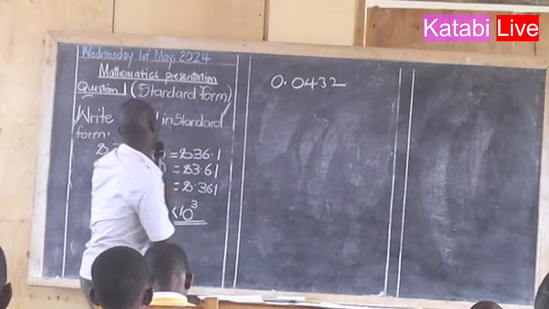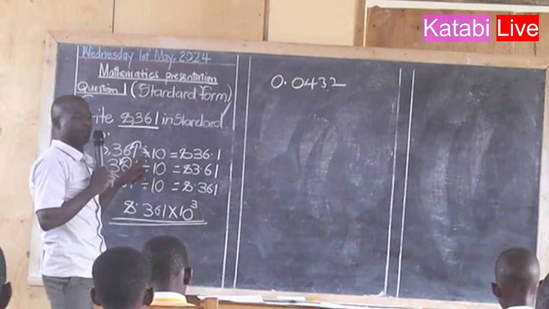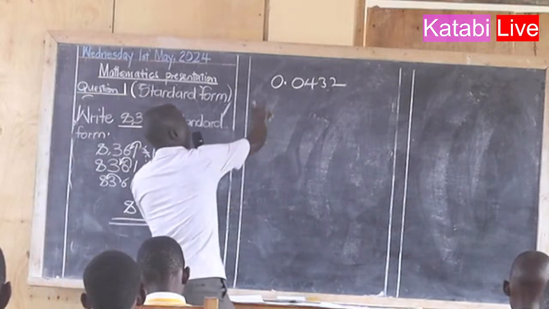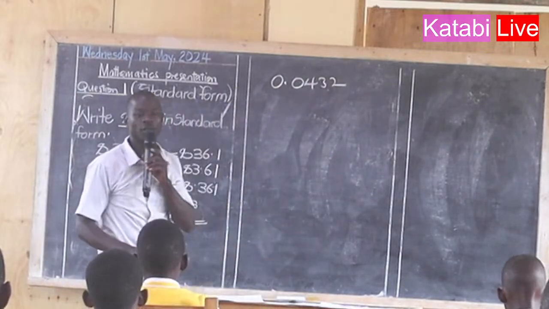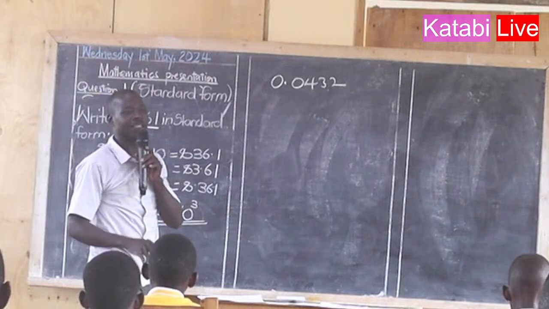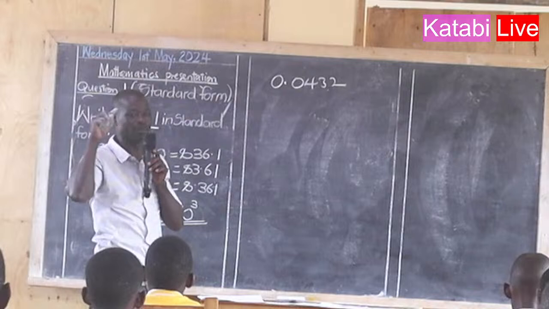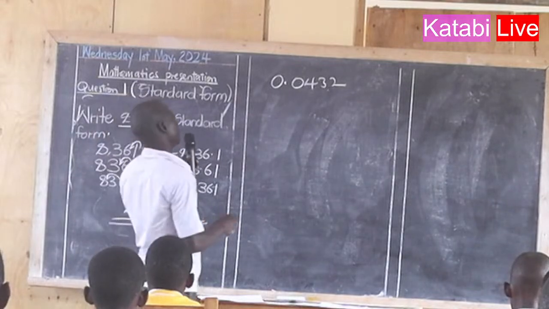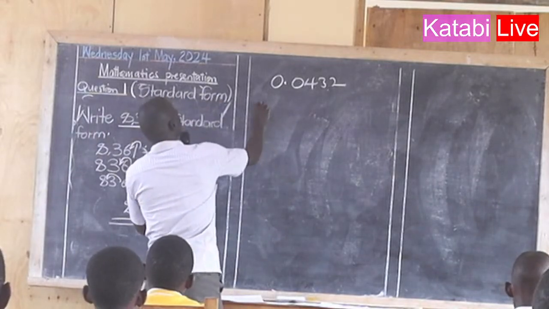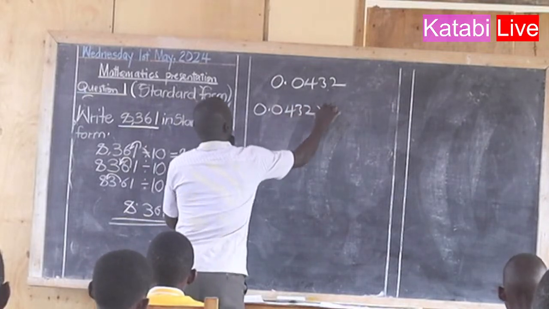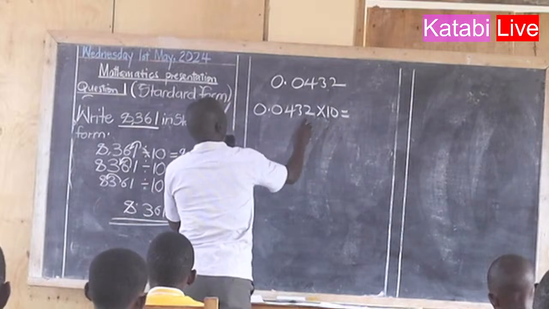When she moved to the left, she was dividing by 10. Now when I'm going to the right, what am I going to do? Until I get one digit which is a counting number, and then I put a decimal. Times 10.